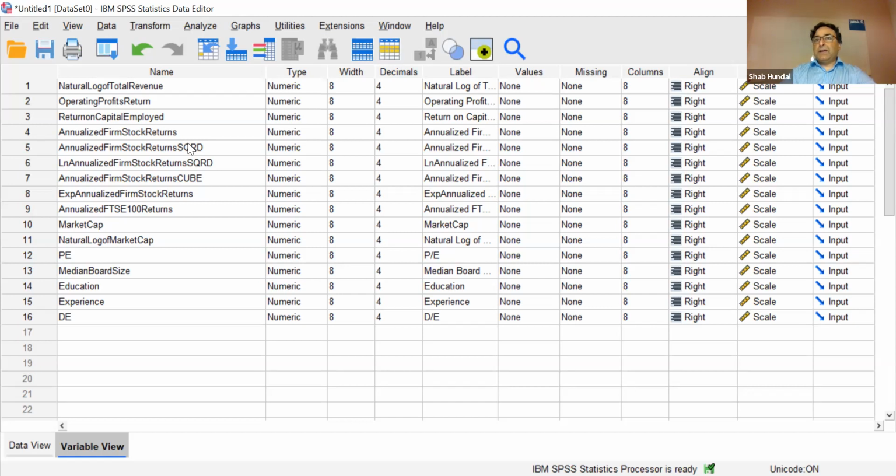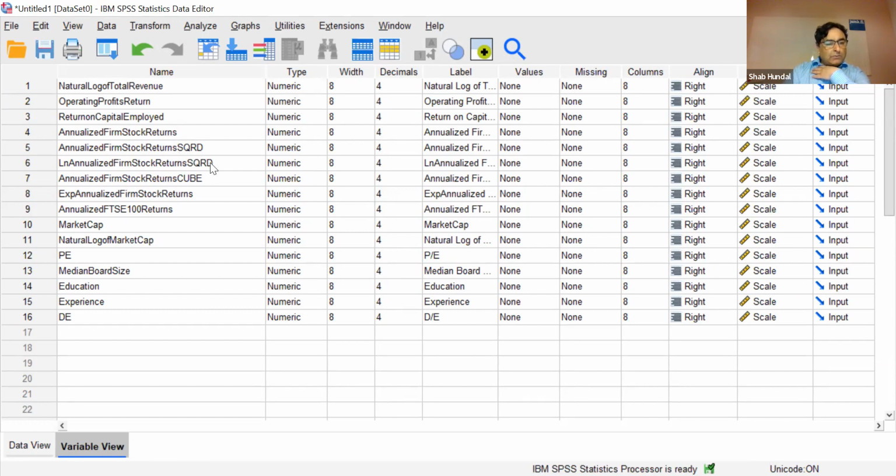It may mean that our existing model in the existing form of the variable is not enough to detect the cause and effect relationship. So this is why I have the firm stock returns, but I also squared them.